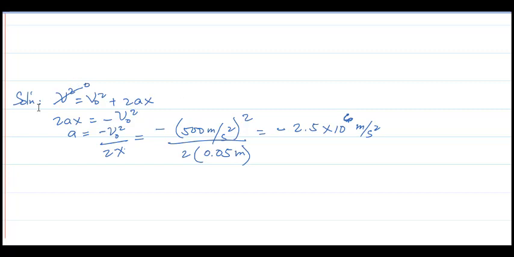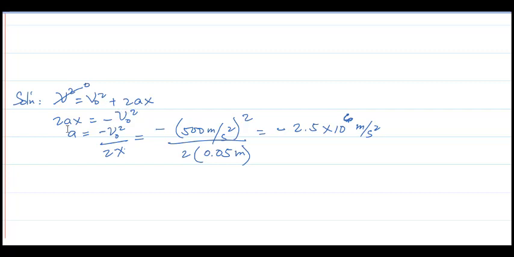So for the solution, let's start solving for the acceleration. From the kinematic equations, the square of the final velocity is equal to the initial velocity squared plus twice the acceleration times the distance it travels.